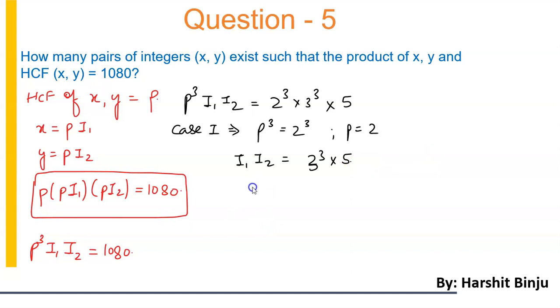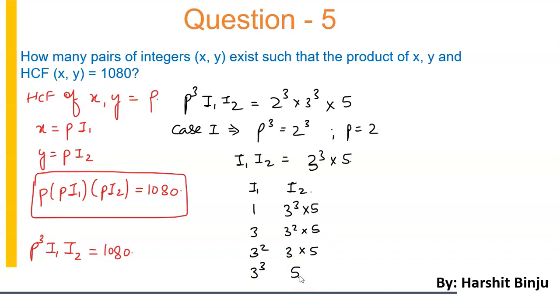So for I1 I2, I can have 1 and 3 cube into 5, I can have 3 square and 3 into 5, I can have 3 into 5 and 3 square, and I can have 3 cube and simply 5.